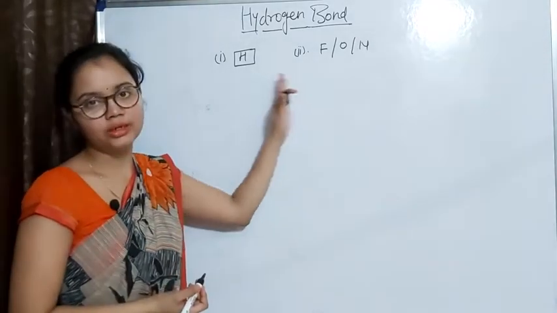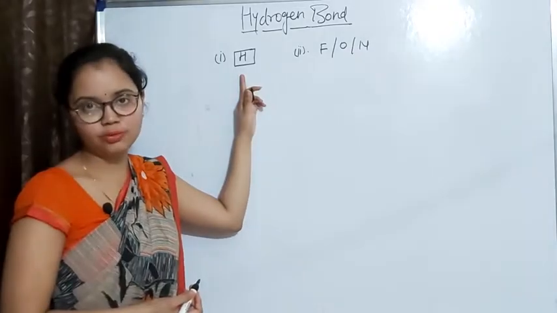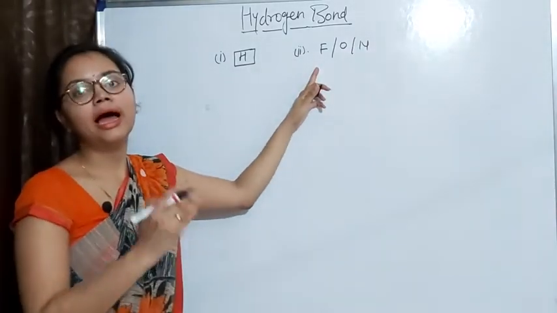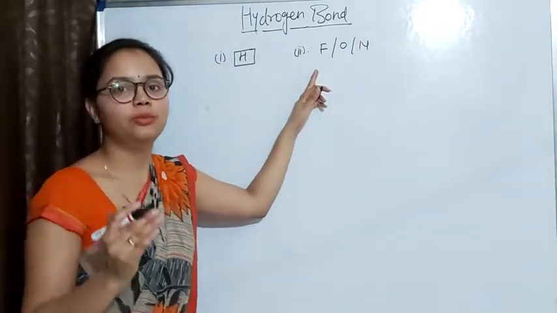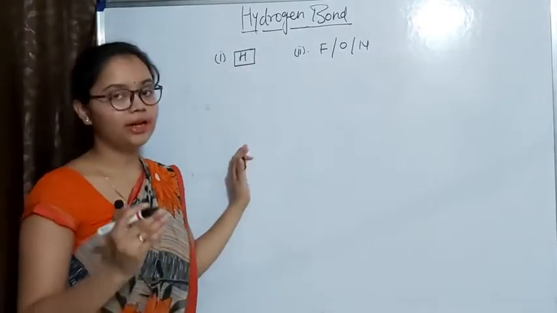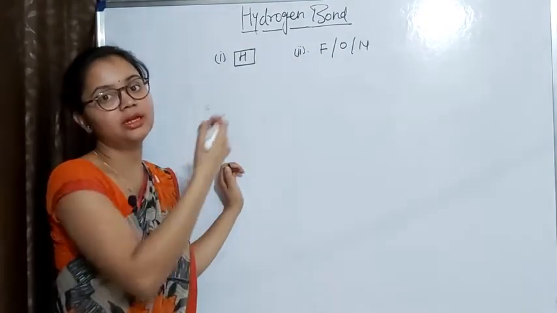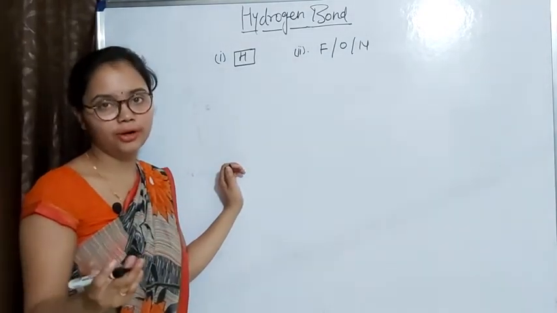So these are the two conditions for the formation of hydrogen bond. Hydrogen atom should be present and one highly electronegative element should be there, like F, O or N, okay? I will tell you later why only these elements we are considering as highly electronegative elements.